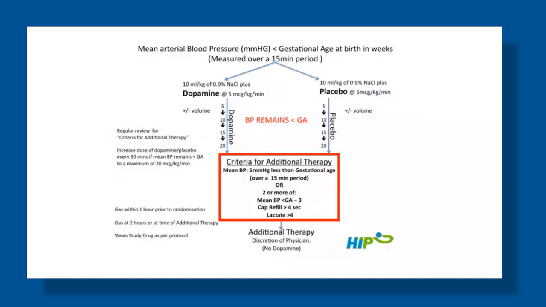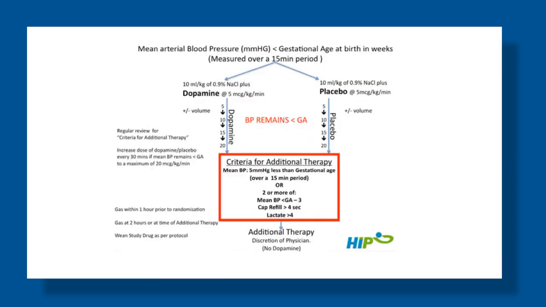So there you can see that they have taken those with mean arterial blood pressure less than the gestation age at birth in weeks. They have measured it over a 15-minute period, and they have randomized them into two groups.